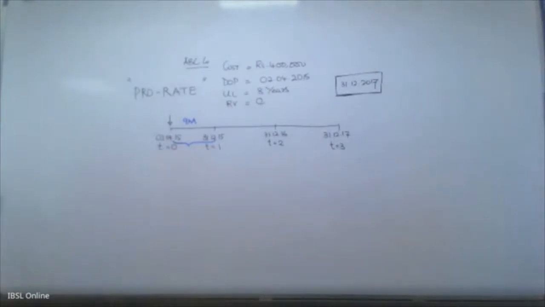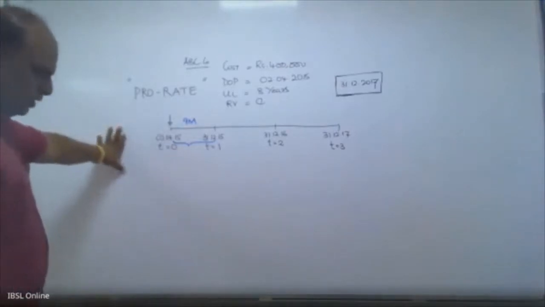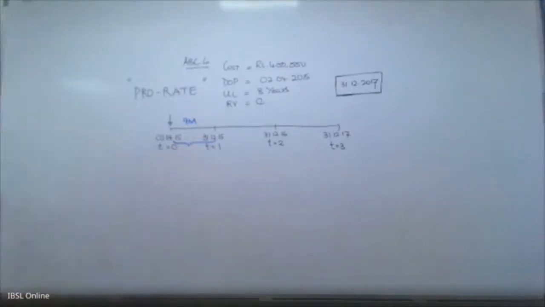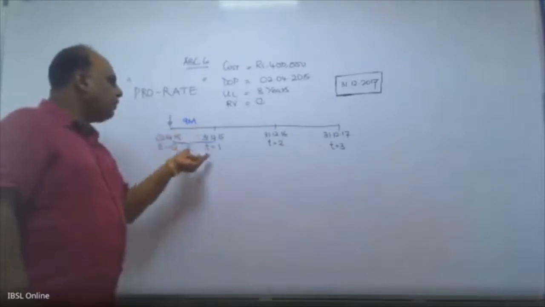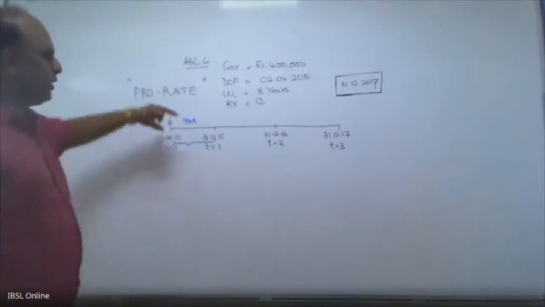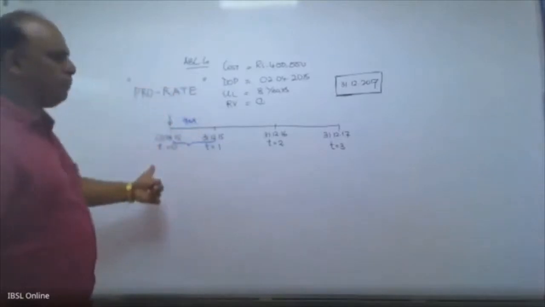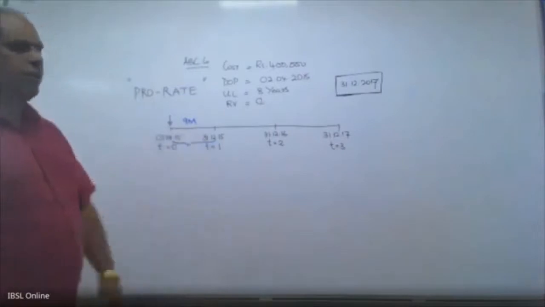We are going on the prorate convention because there is no depreciation policy. So I assume that I will depreciate only for the number of months I have used, which is 9 months starting from April. From April to December, I will be using 9 months.